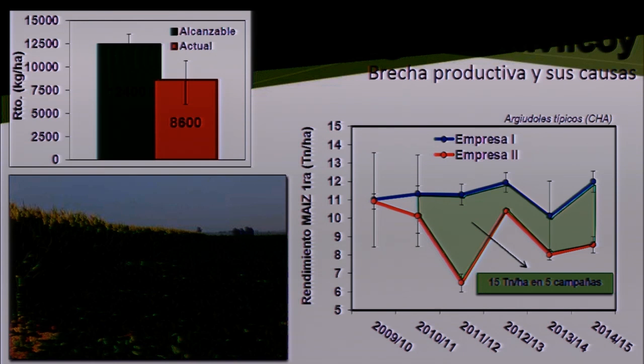Farmers have decided to open this chakra program because the yields in corn and in other crops were below their expectations. They thought they could have higher yields. So we are collecting information from the farmers, from the fields, from the plots, first to quantify the production gap in the different areas within the chakra, and trying to define the reasons, and we are implementing field tests to reduce the gap and production variability.